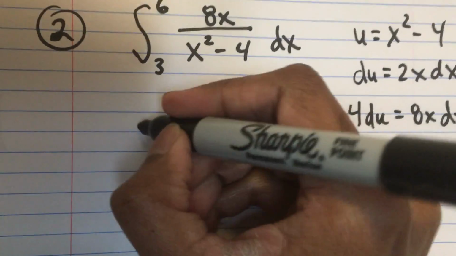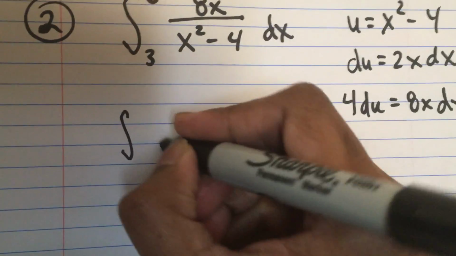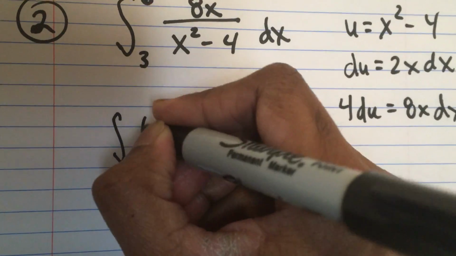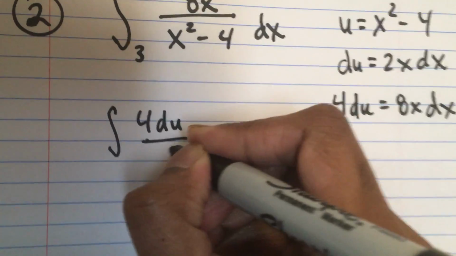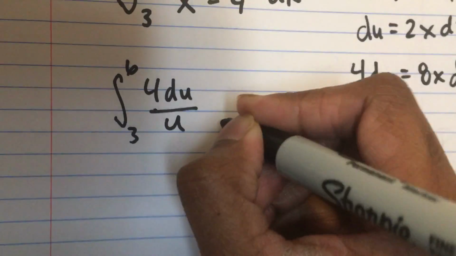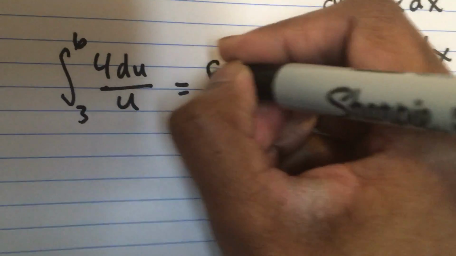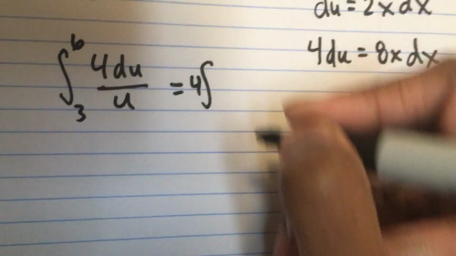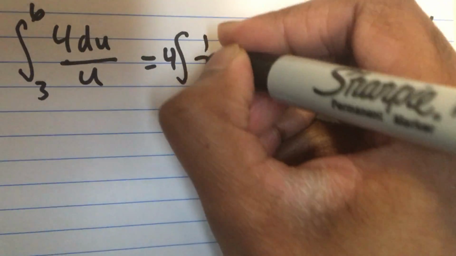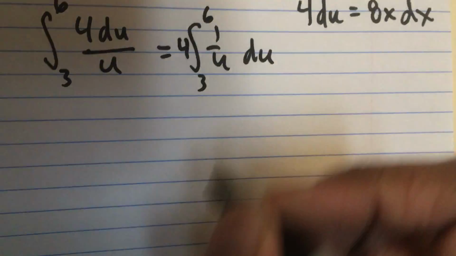So now I have the integral of 4 du divided by u from 3 to 6. I'm just going to rewrite this so I have 4 in the front, 1 over u du from 3 to 6.